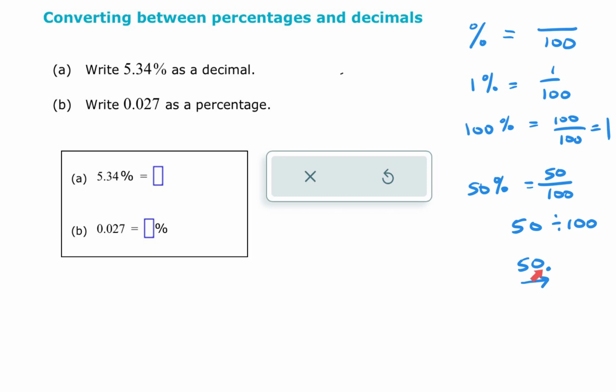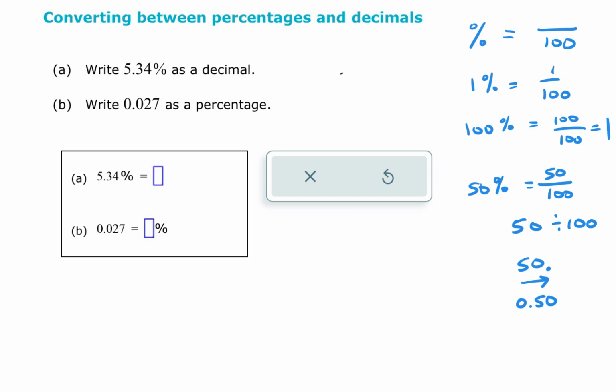So the decimal is going to move 1, 2 places because there are 2 powers of 10. It's going to look like it's moving 1, 2 places to the left when we change from a percent back to a decimal. So this is going to end up becoming 0.50 as a decimal. 50 divided by 100 is 0.50.